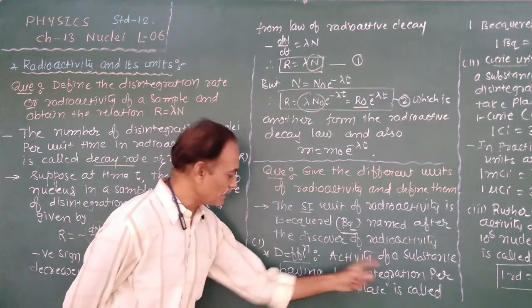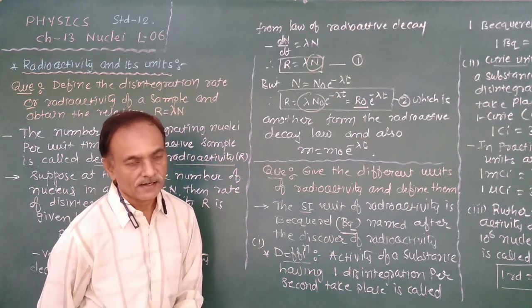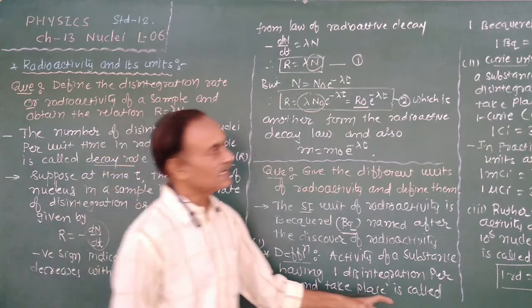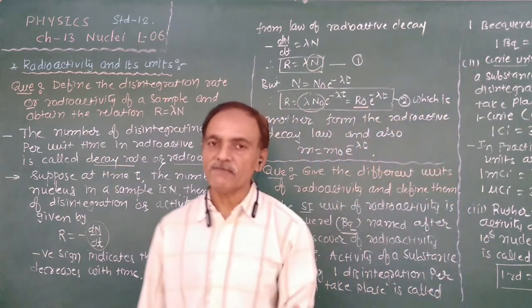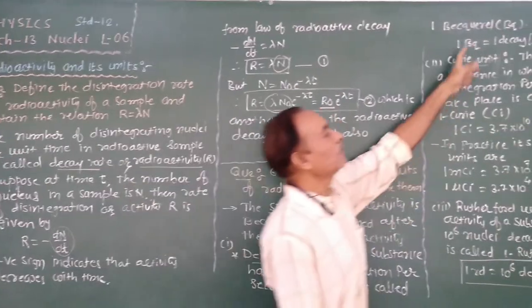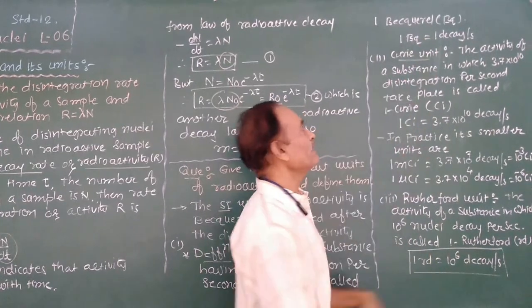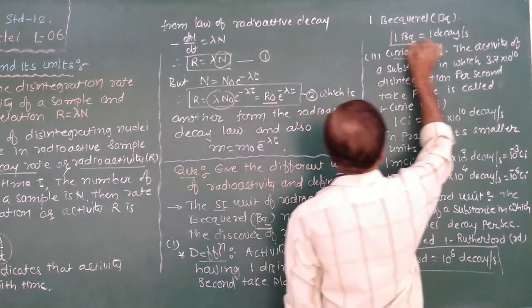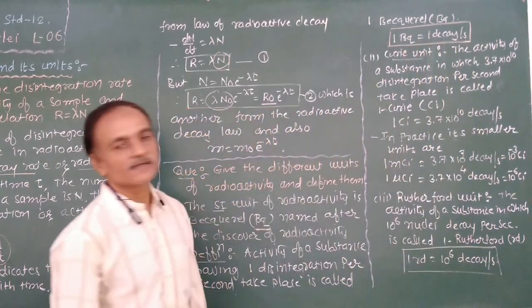Again, the activity of a substance having 1 disintegration per second taking place is known as 1 becquerel. Therefore, mathematically, 1 becquerel is equal to 1 decay taking place in 1 second. Therefore, 1 becquerel is equal to 1 decay per second.